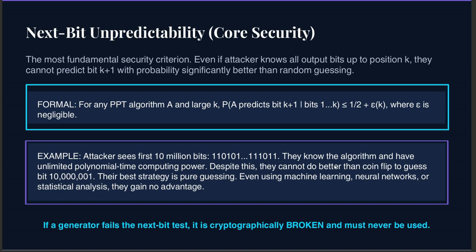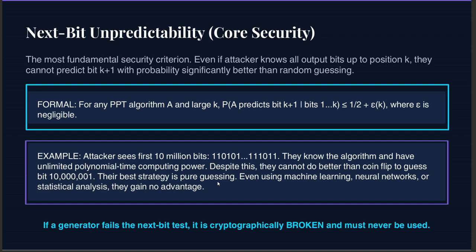Now the attacker tries to predict a bit number like 10001001. A secure generator guarantees the attacker performs no better than a coin flip. That is extraordinary. Even after observing huge output, the future remains hidden. Now think carefully. An ordinary randomness test does not provide this guarantee.